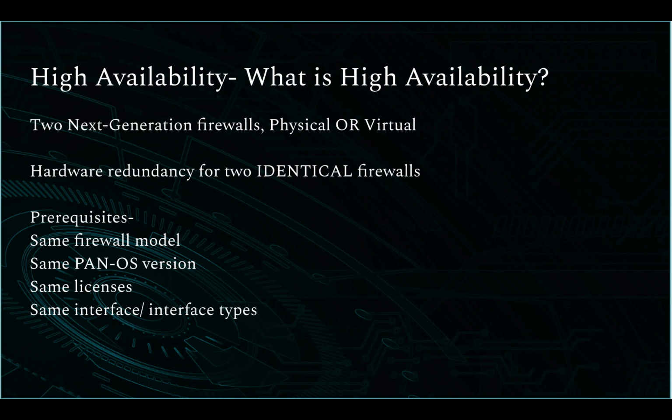And then finally, we need the same license. Many of the people that I talk with, or the businesses we work with, ask the question: do I need to have a threat prevention license, a URL filtering license, a WildFire license, a DNS security license on my passive, that backup firewall, even though I'm not using it 99% of the time? And the answer is yes.